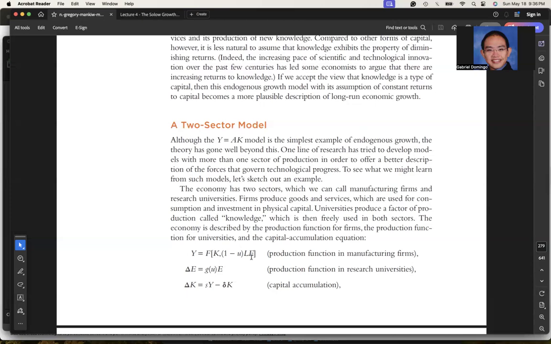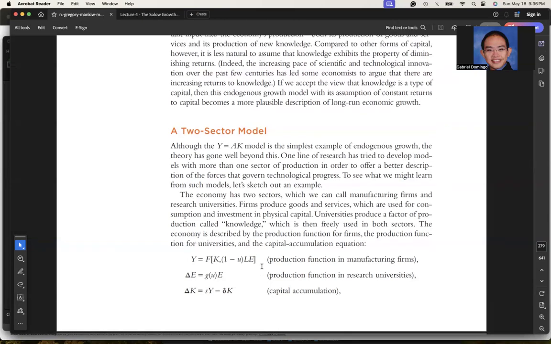If capital and knowledge are the same, or both of them are capital, the same way that physical capital and human capital are both forms of capital, then there is no diminishing returns to capital. And therefore, even in the long run, you'll have positive growth in Y over EL, which is the idea.